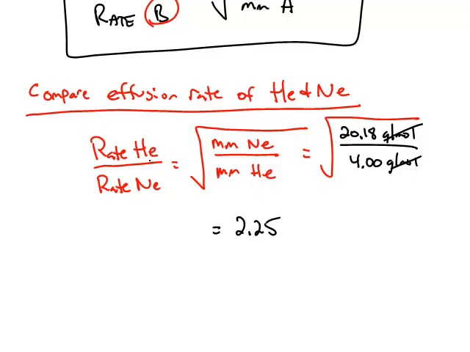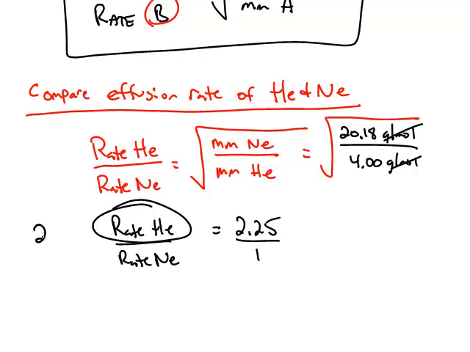So what this is saying, the rate of helium versus the rate of neon, it's equal to 2.25 to 1. In other words, the helium effuses 2.2 times faster than neon, which is what we knew. The lighter gas has to effuse at a faster rate.